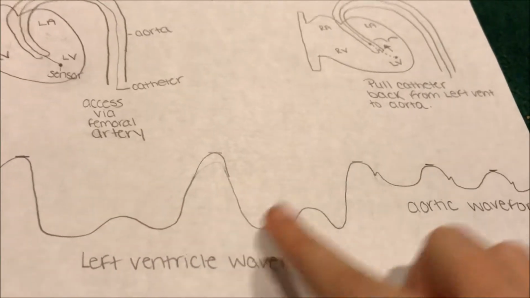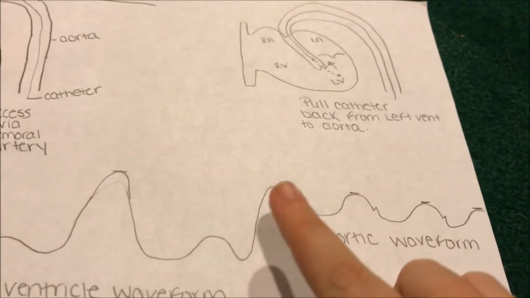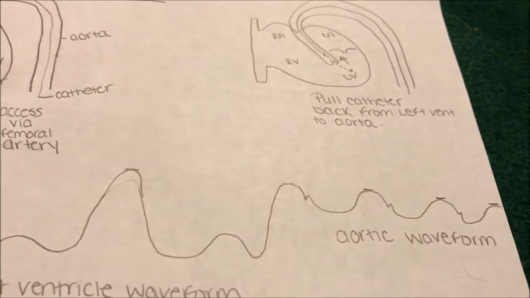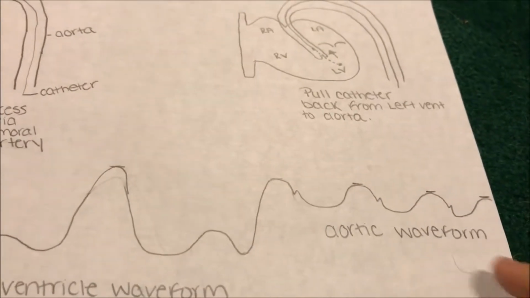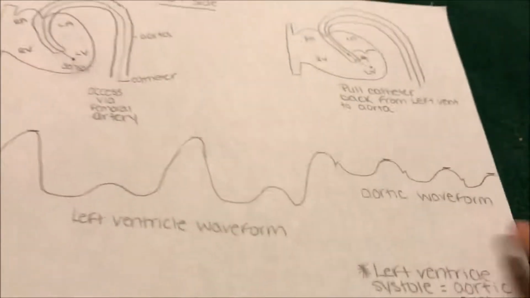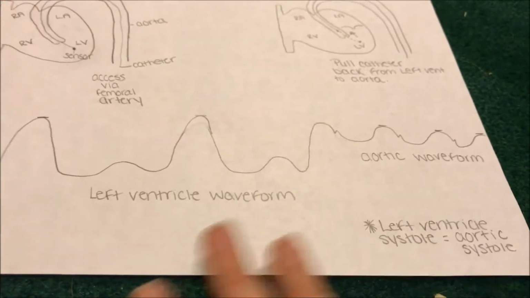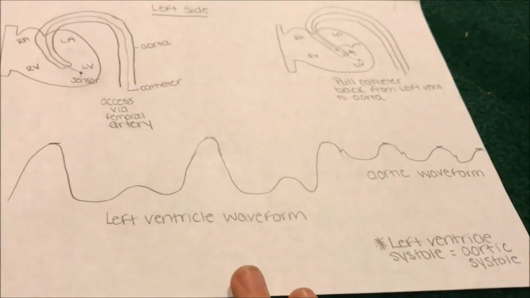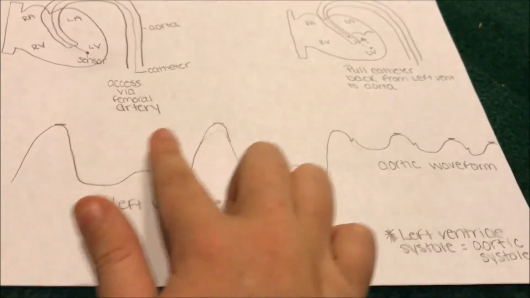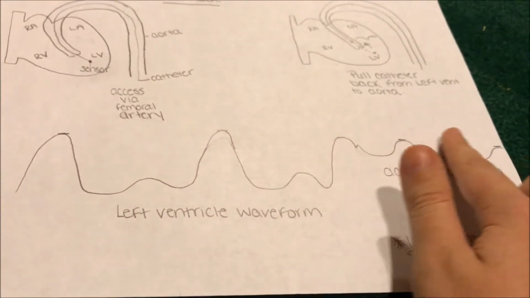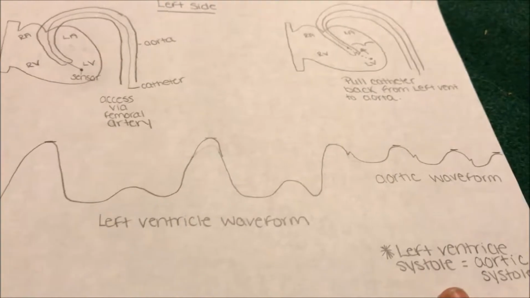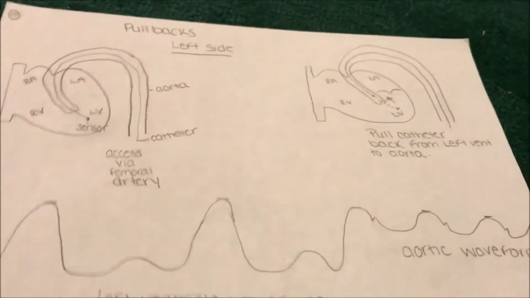You should see a left ventricle waveform, and then when you pull back, you'll start to see an aortic waveform. This waveform will be correlating to left ventricle because the left ventricle systole and the aortic systole should be the same. So if you drew a line across here, it should be the same. The systoles are the same.